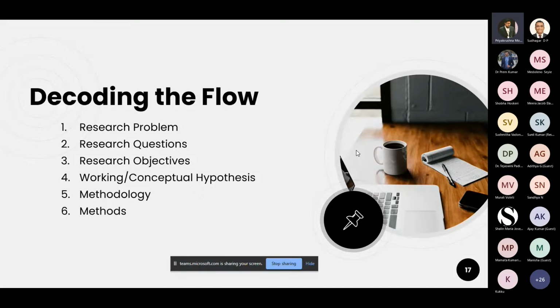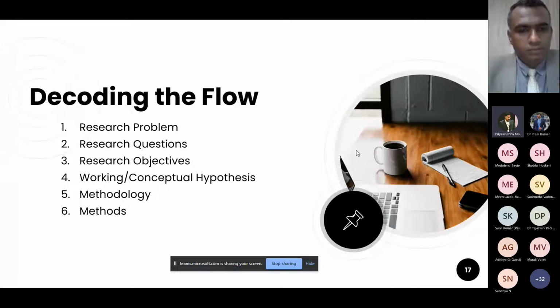So I will finish with this today, because I think the validation aspect we will be discussing tomorrow, and we should discuss some of the questions more. So audience questions more. But this is the flow that you have to follow while you are going through the process of writing your research thesis.